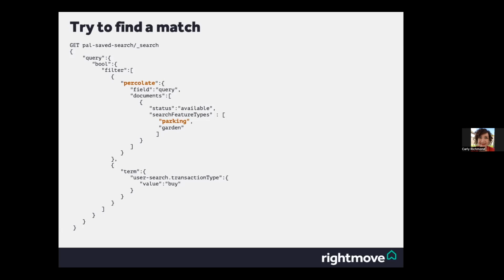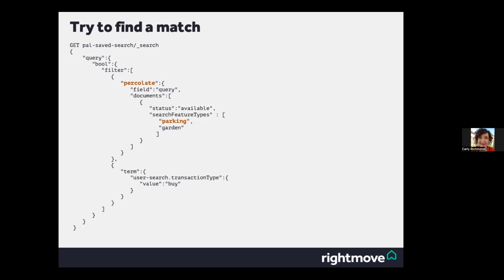So now we have saved the query in Elastic, right? And a new property comes to market. What happens behind the scenes is we run the query against the index which has the queries. It's a bit confusing, right? The PAL saved search index has saved queries, and we are trying to run the new property against it.